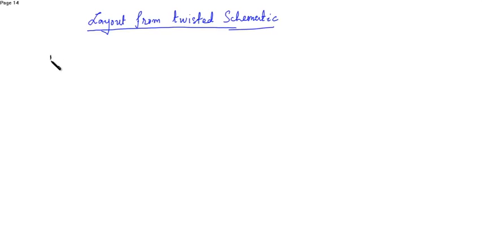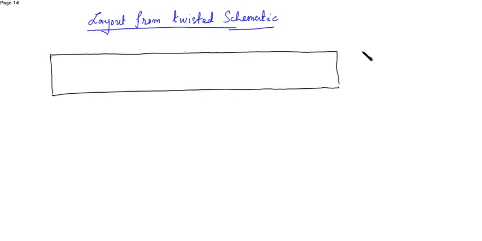So this is the N well layer. Then there's a P diffusion layer.